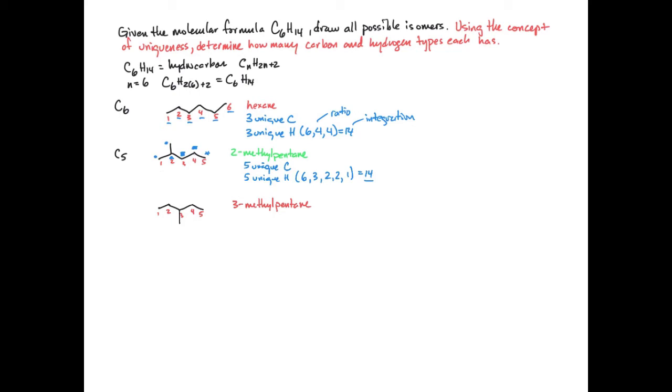If you look at it, there's a plane of symmetry about that C3 carbon. So you can see that carbons 1 and 5 are the same, 2 and 4 are the same, 3 is unique, and then the methyl group at position 3 is its own unique carbon. So total we have 4 unique types of carbon.